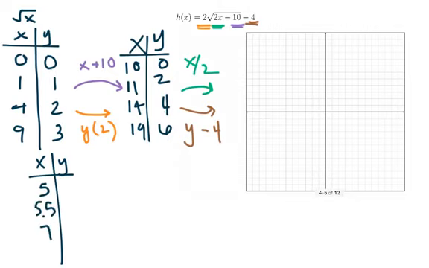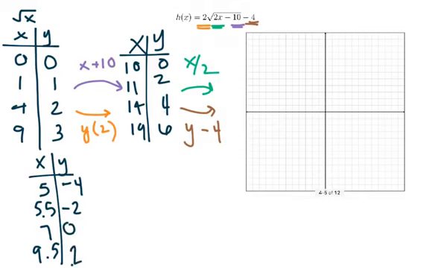And 19 divided by 2 is 9.5. Okay. Then I'll take my y's, shift them all down. So we'll have negative 4. I don't know why there's 2 dots there. Negative 4. Negative 2. 0, and 2.